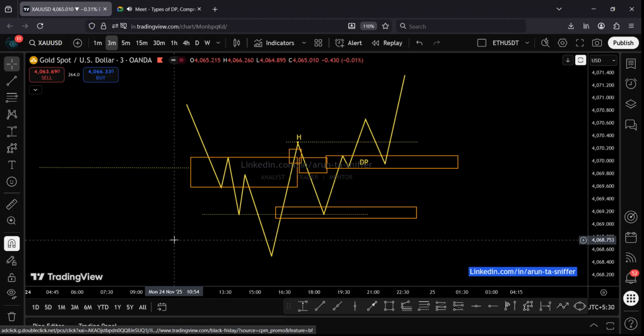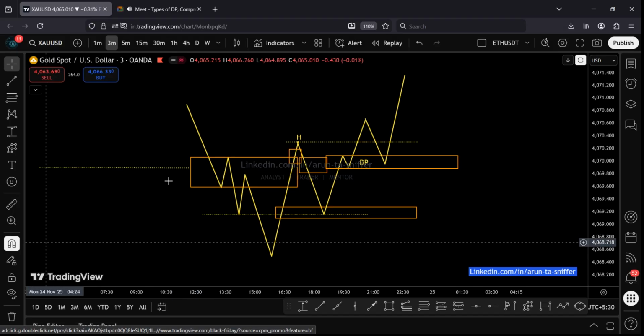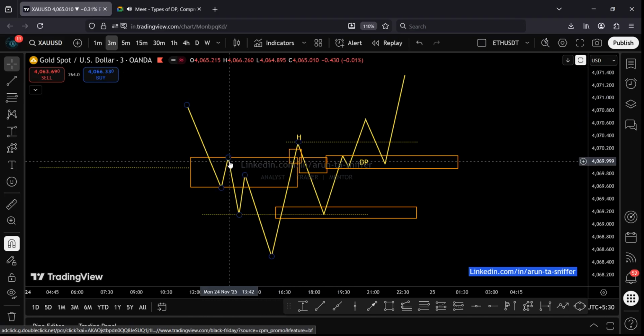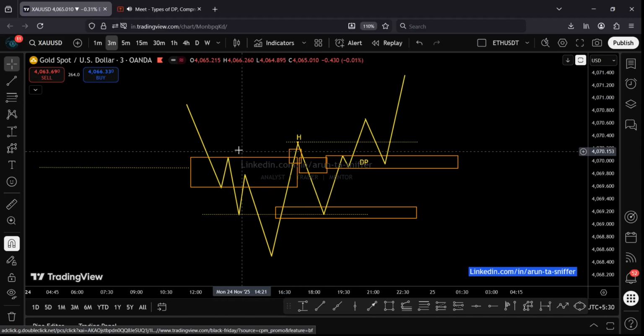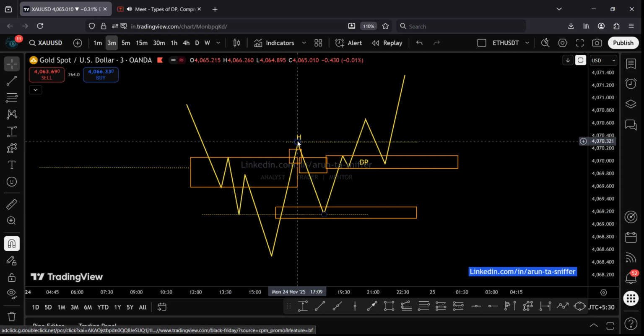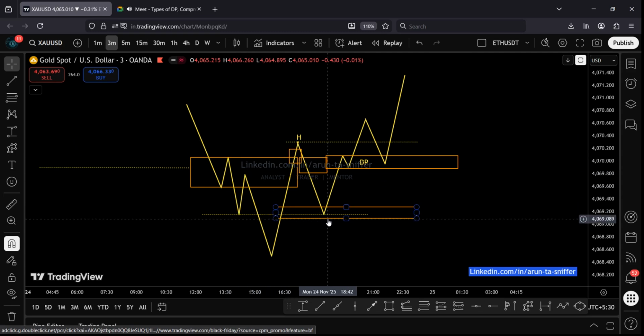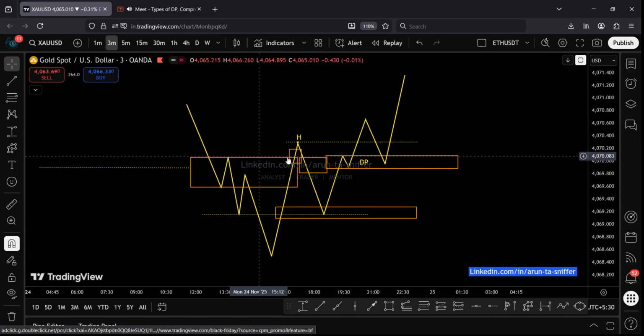It is almost the same. If you look clearly, it will look like an ignored QM. Do you remember ignored QM? Okay, so if you take this high, low, higher high, lower low, going up, but the QM level was ignored.